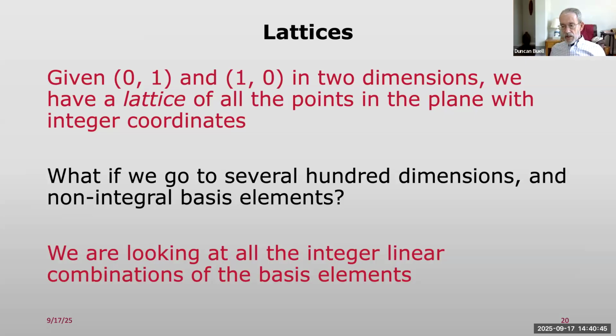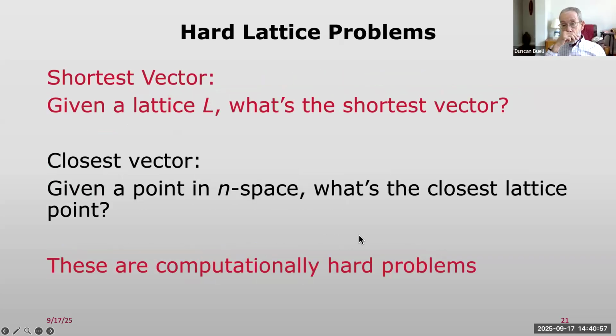so it's not just all zeros except for one bit, there are some really hard problems that come from lattices. And probably the 2 best: the shortest vector problem, given a lattice, given that you have 256 basis elements that are floating point, what is the shortest vector in that lattice?